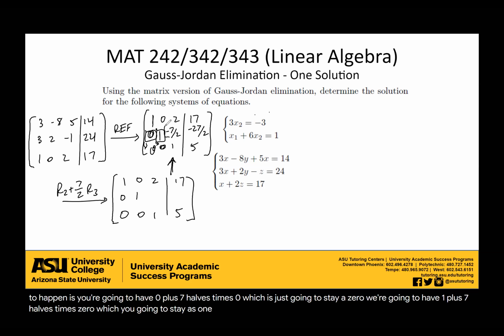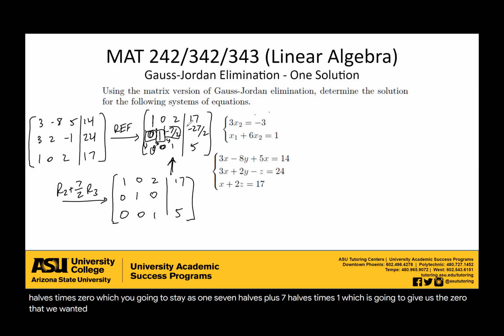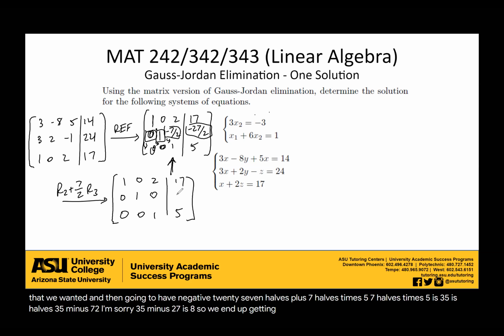We're going to have negative 7 halves plus 7 halves times 1, which is going to give us the 0 that we wanted. And then we're going to have negative 27 halves plus 7 halves times 5. 7 halves times 5 is 35 halves. 35 minus 27 is 8. So we end up getting 8 halves, which is 4.